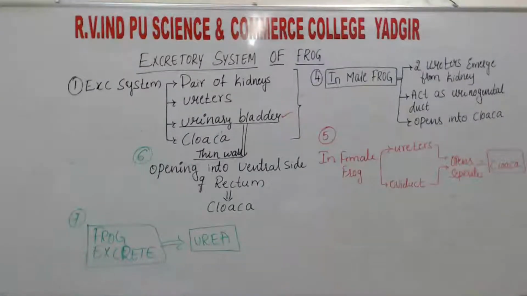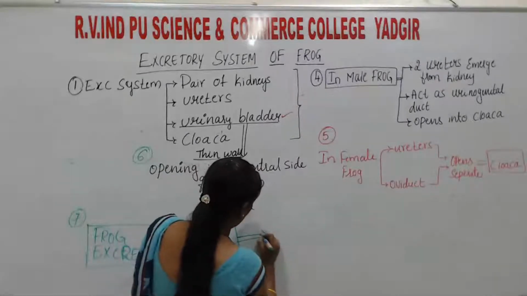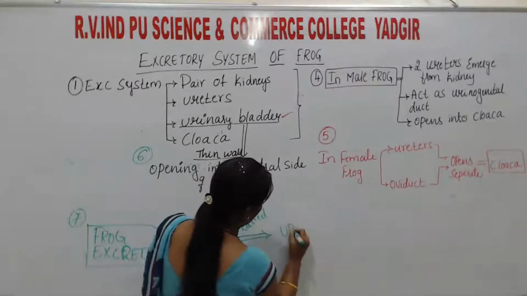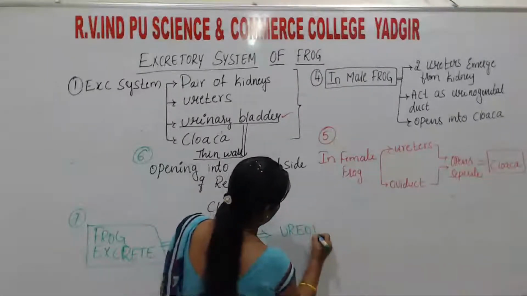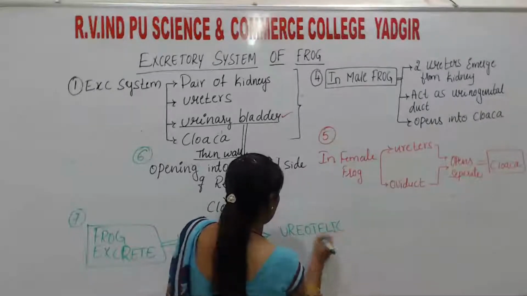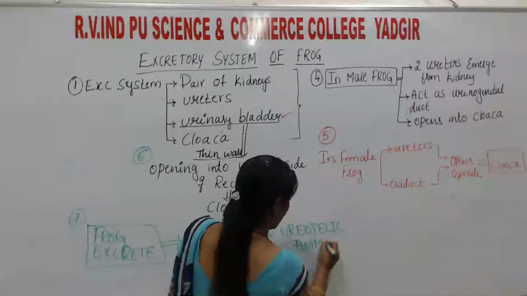The organisms which excrete urea are called ureotelic animals.